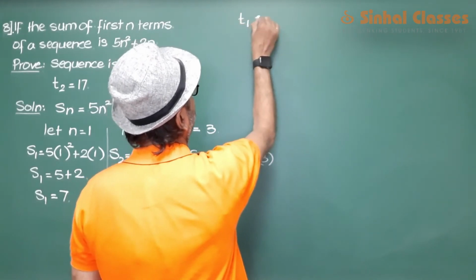So when we take common, we get 3n into n minus 14 plus 41 into n minus 14, which is equal to 0. So we get 3n plus 41 in one bracket, and n minus 14 in the other bracket.